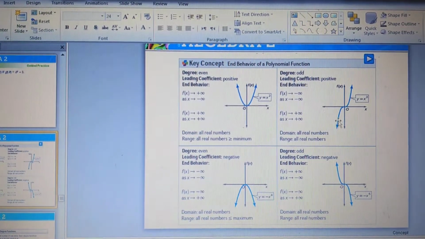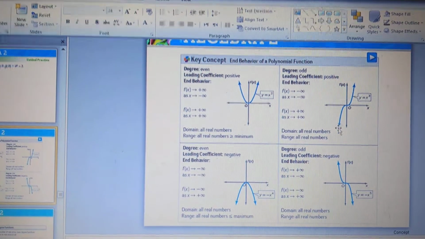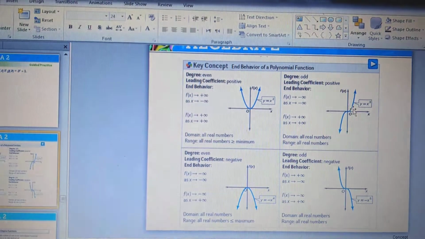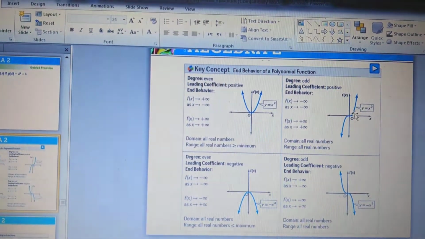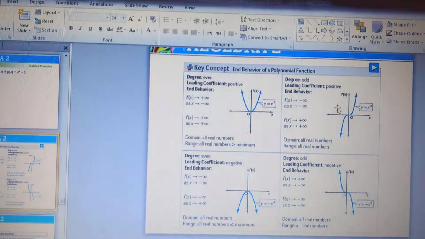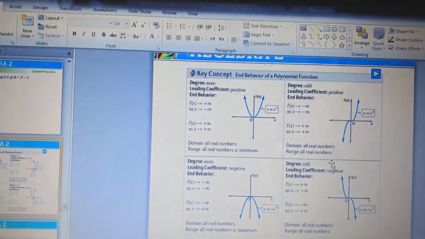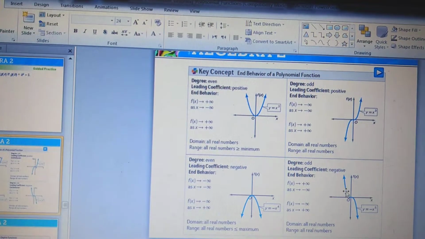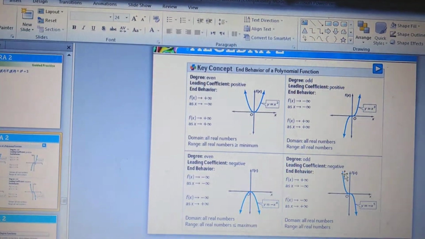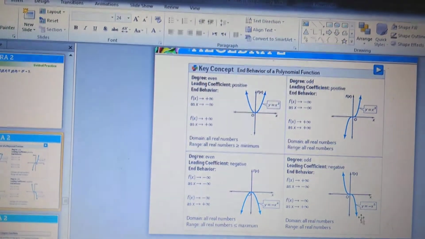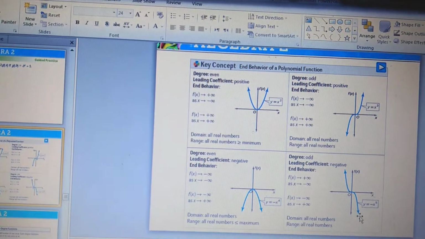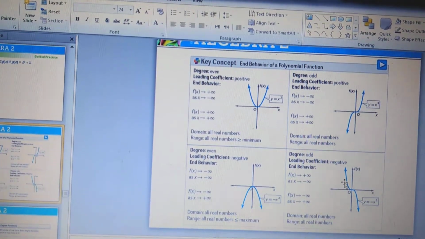This means when x going to negative infinity, y going to negative infinity. And here, x going to positive infinity, y going to positive infinity. This is when the leading coefficient is positive. When the leading coefficient is negative, then when x going to negative infinity, y going to positive infinity, and when x going to positive infinity, y going to negative infinity, like this. This is the end behavior.